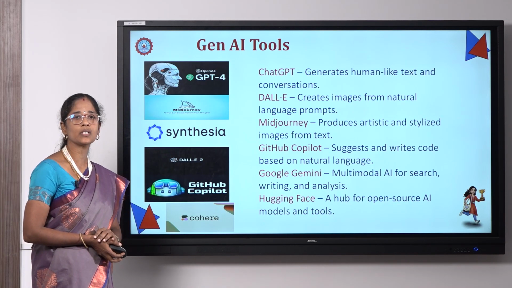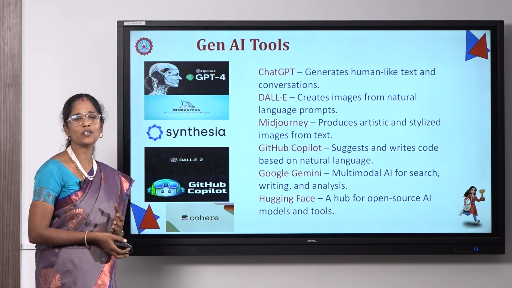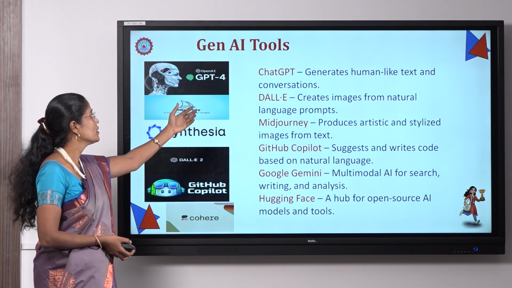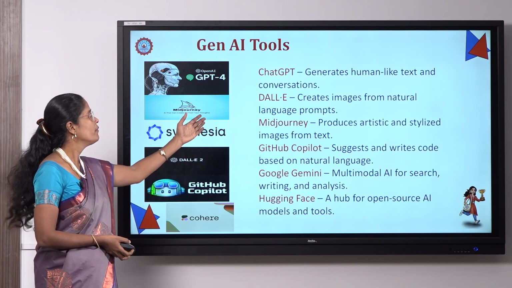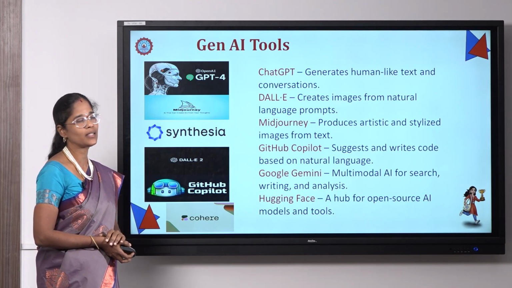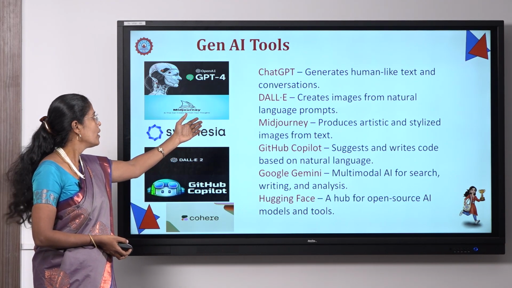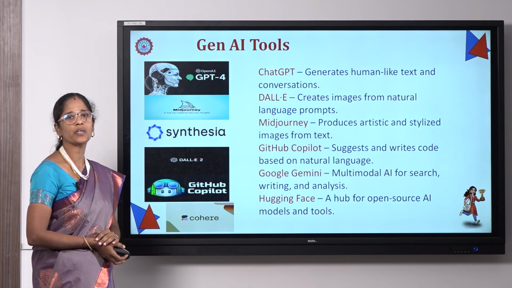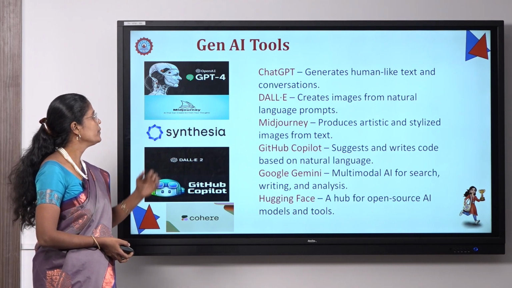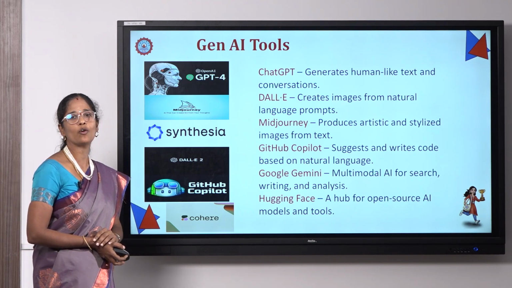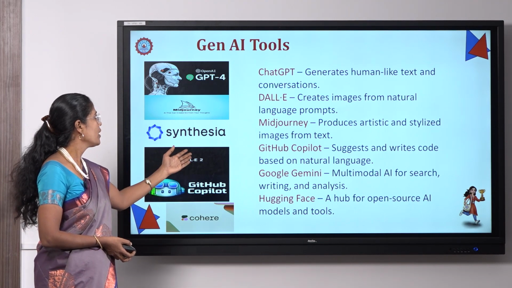Now, lastly, it is fascinating to know what tools help us to do all this. We can think of ChatGPT as the first one, which generates human-like text, and we can have daily conversations with it. DALL-E is used to create images, and Midjourney is a product which produces artistic-style images from text.